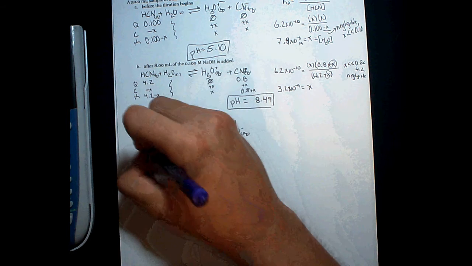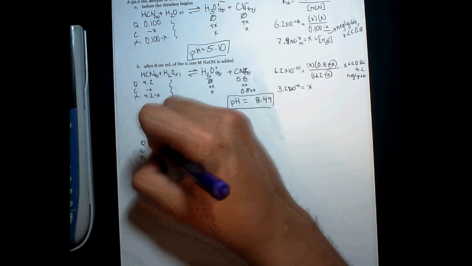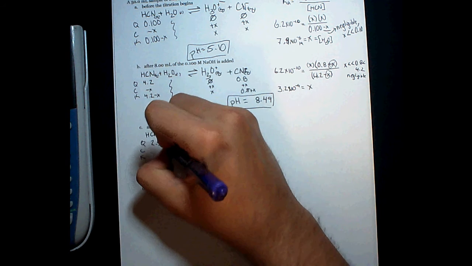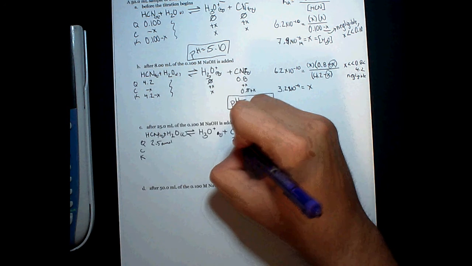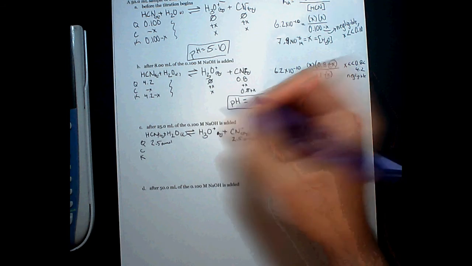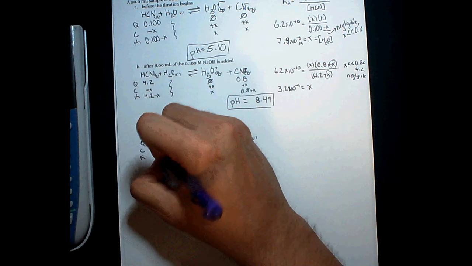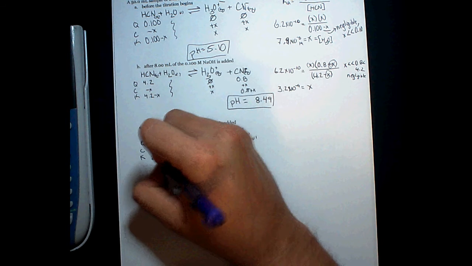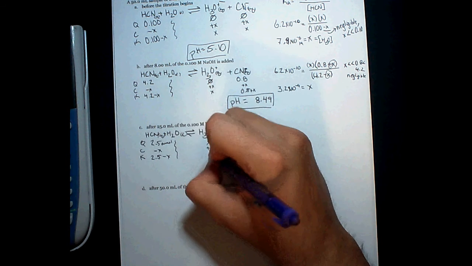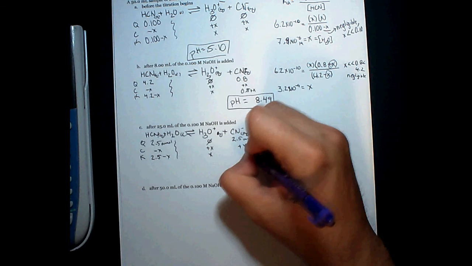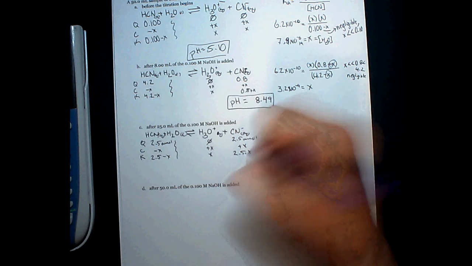All right, in our ICE table, we have 2.5 millimoles of this and 2.5 millimoles of that. 0 of this, we don't care about the liquid, minus x, so 2.5 minus x, plus x, and plus x. All right, we're going to plug this into our K expression.